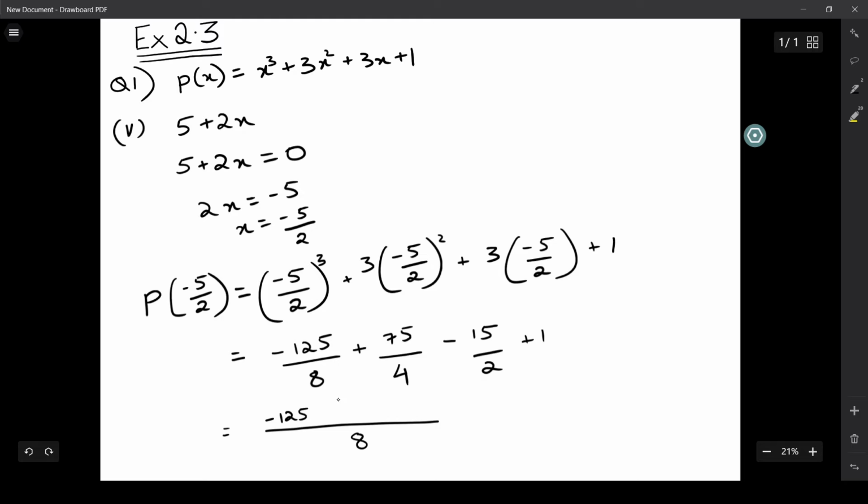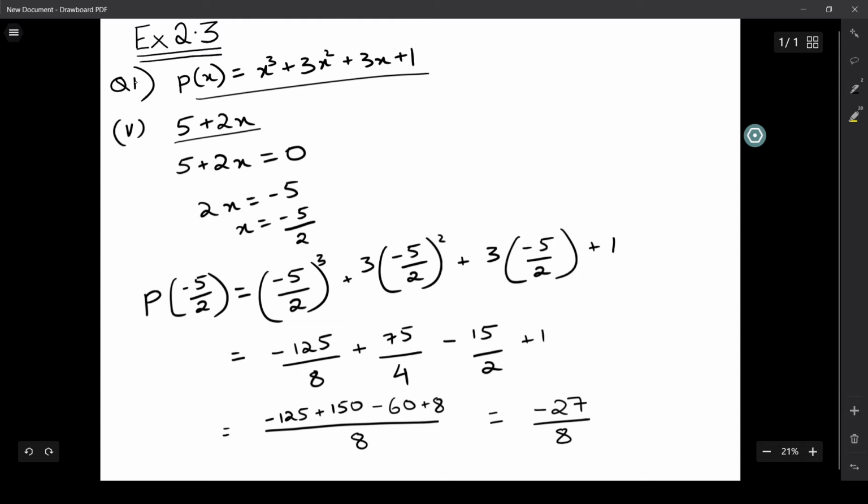I get minus 125 plus 150 minus 60 plus 8. This gives me minus 27 upon 8. So minus 27 upon 8 is the remainder when I divide this polynomial by this one. That brings us to the end of question number 1.